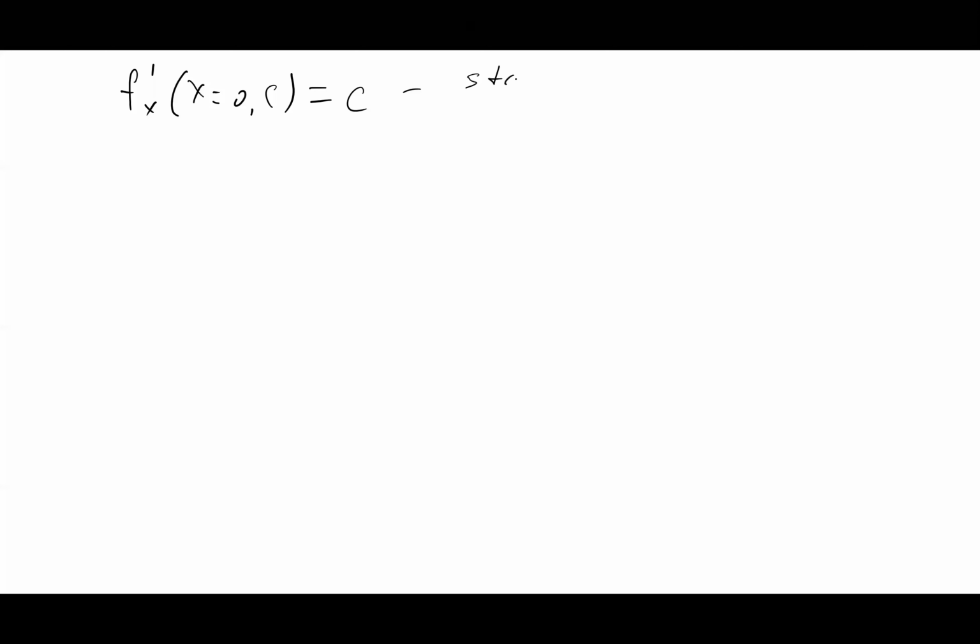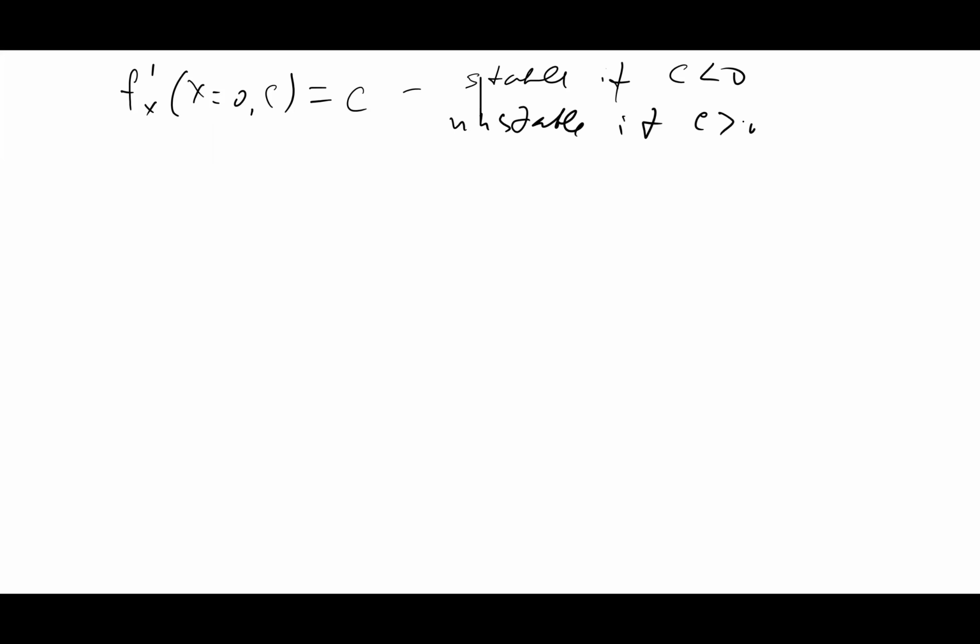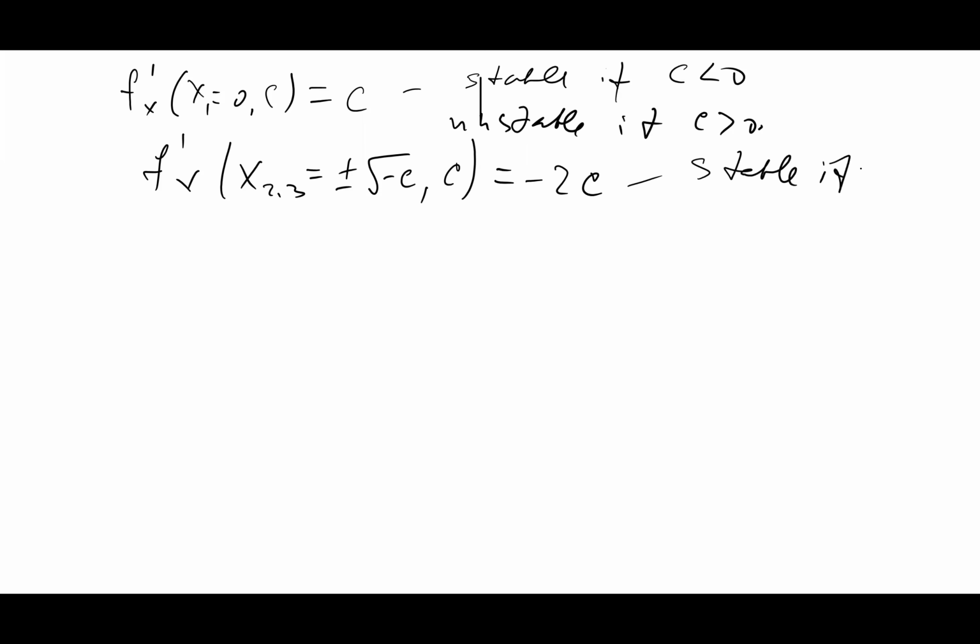So stable if c is negative, unstable if c is positive. And the derivative of f for x2,3 equal to plus minus square root of minus c will be equal to minus 2c. And this is stable if c is positive, unstable if c is negative.